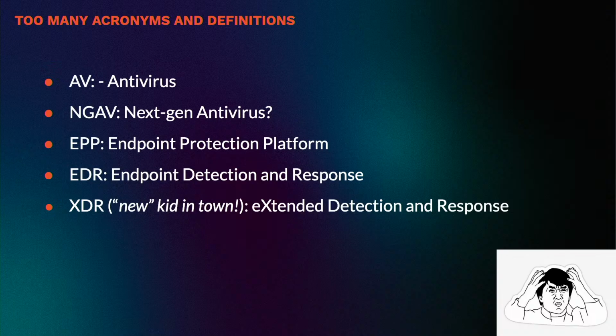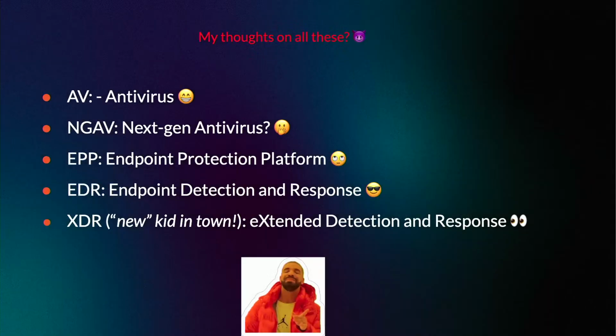Some other vendor friends of ours came up with a new tag called XDR, and it sometimes gets a bit confusing. But let's be honest. At the end of the day, all we're trying to do is find malware in our environments, right? So that's what I think about all these names in the industry today. My focus is going to be on EDR because I think we should just call it EDR from that perspective.